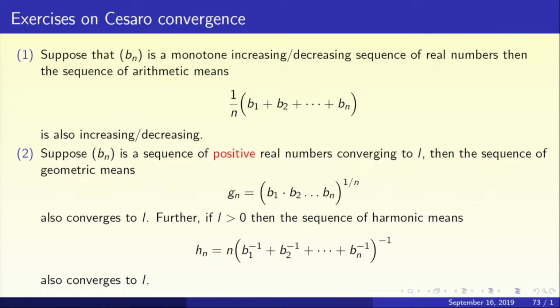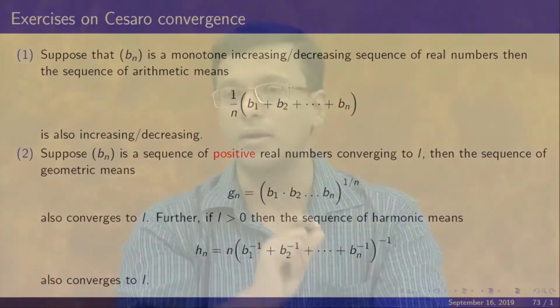In fact, this will immediately follow from Cauchy's first limit theorem, because Bn converges to L. So, Bn inverse will converge to L inverse. So, the arithmetic means of Bn inverse will also converge to L inverse. So, the harmonic mean will also converge to L. This last part immediately follows from Cauchy's first limit theorem.